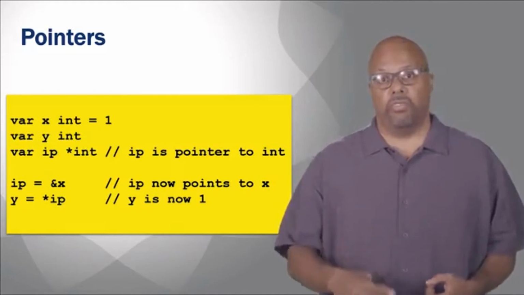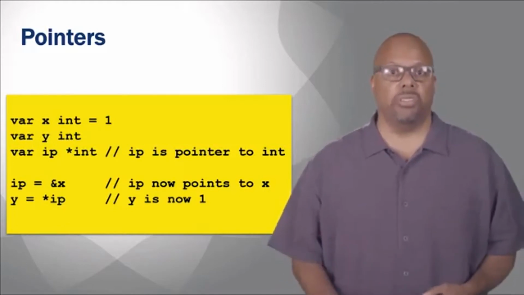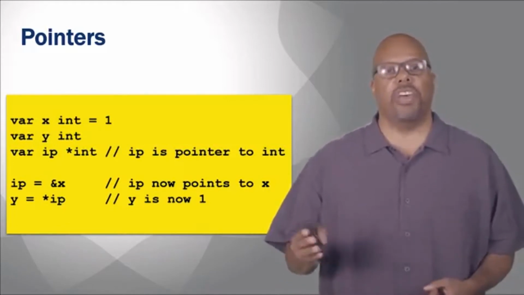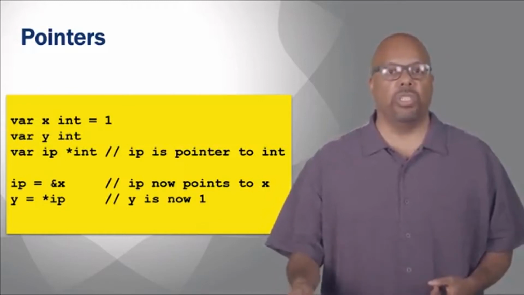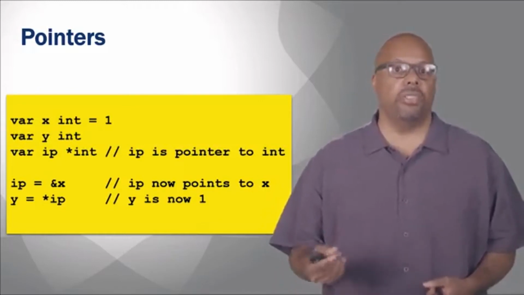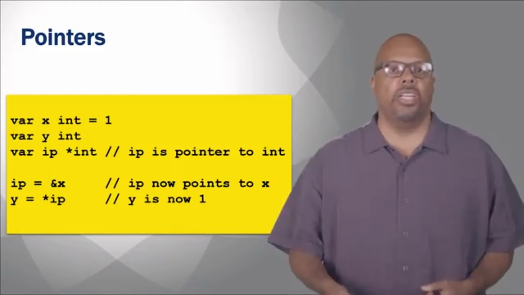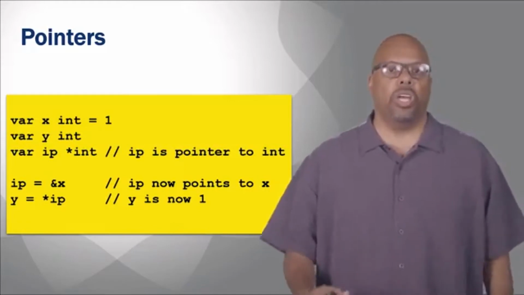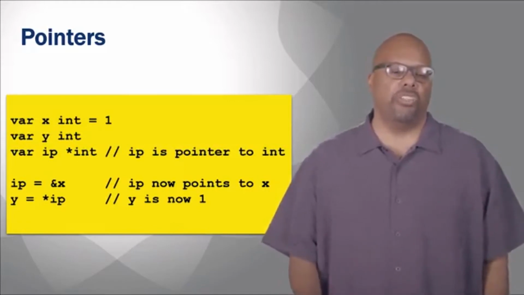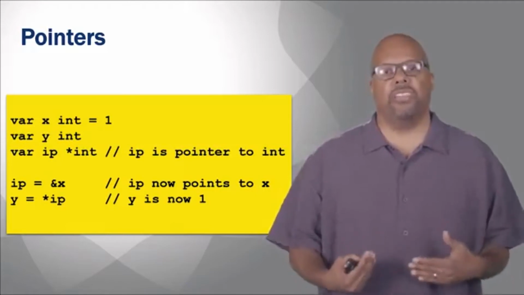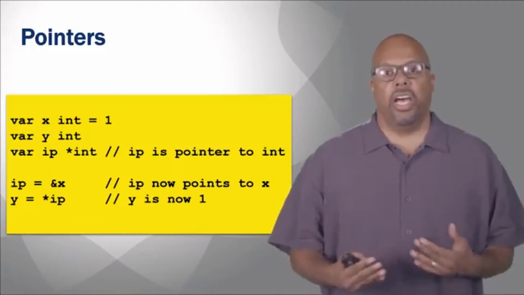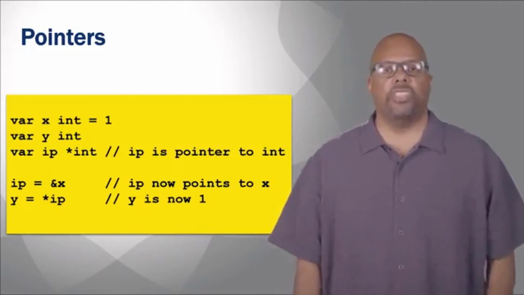If you remember from the line before, ip is pointing to what x is pointing to, the value 1, that data in memory. So if y is equal to star ip, y is equal to 1. So this sets y equal to 1. It's just a little example here, trying to show how the ampersand and the star operators work opposite to one another. So these are pointers.